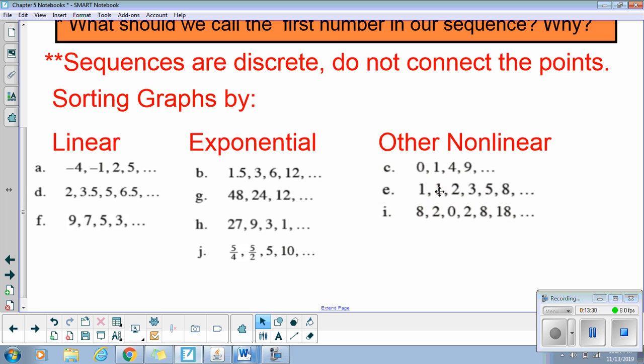And then other or nonlinear would be C, E, and I. Because they don't have a multiplier, so they're not exponential, but they kind of have a curve to them, so we'll talk about those later. But make sure these 3 categories are recorded in your math notebooks so we can talk about them later.